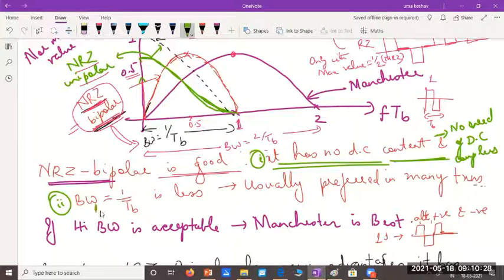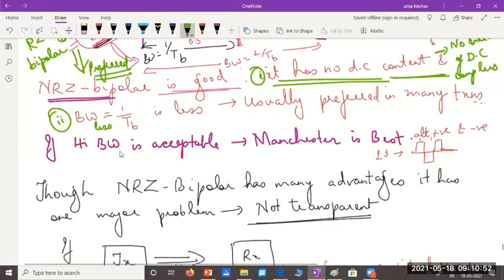So bandwidth is less and there is no need of using DC couplers. That's why NRZ bipolar or RZ bipolar is more preferred than other line coding techniques. This is a very well used and preferred technique.